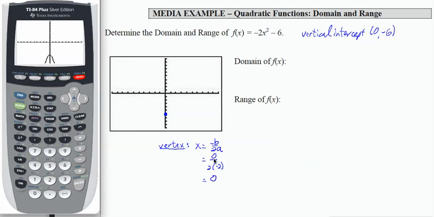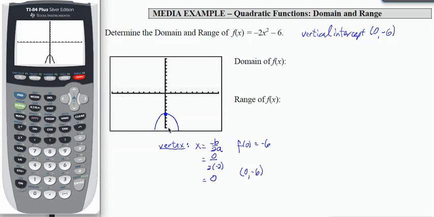So when my input is 0, my output, I already know, is negative 6. So indeed, the vertical intercept and the vertex are the same point. I can graph down from here based upon the shape that's shown on the calculator. So it looks something like that.